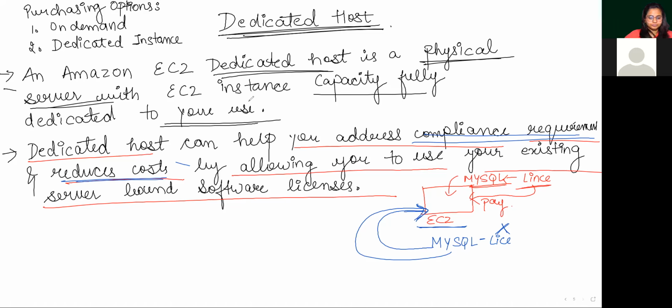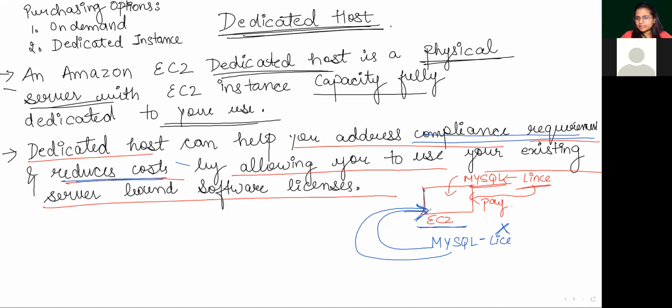Getting it? The dedicated host comes with the benefit of using your software license. Okay, they will not give you any license, but if you want to buy, you can buy and add it to your EC2 instance. But inside a dedicated host, what benefit do we have?